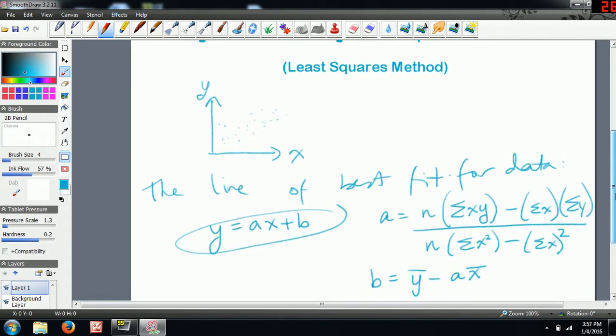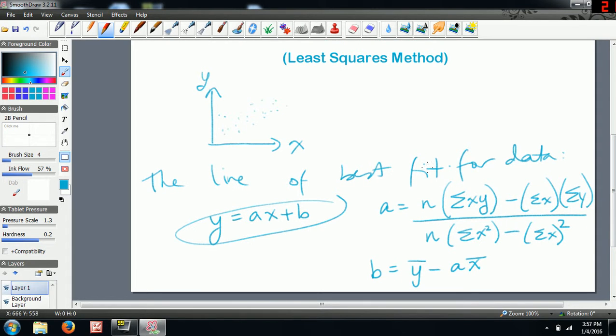Okay, now here I just want to go over what these are. So n is actually the number of values in your data set. And as you remember, I had mentioned in a previous video that this symbol represents the sum of. So whatever's in front of it, you just add those up.